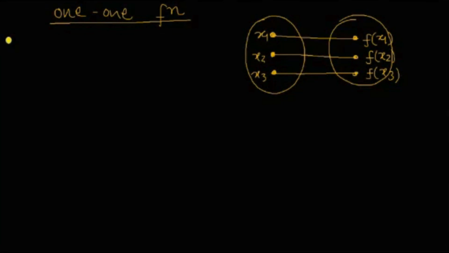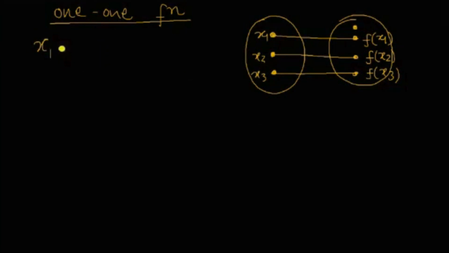Yes. The thing is, every element x1, x2 and x3 will map to only one element on the codomain. It is well possible that there are other elements which do not get mapped. That's not of our concern. But one element gets mapped to one other element.